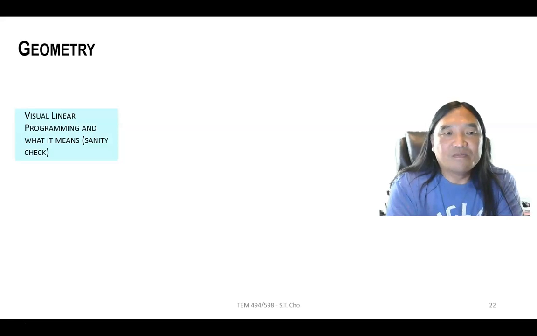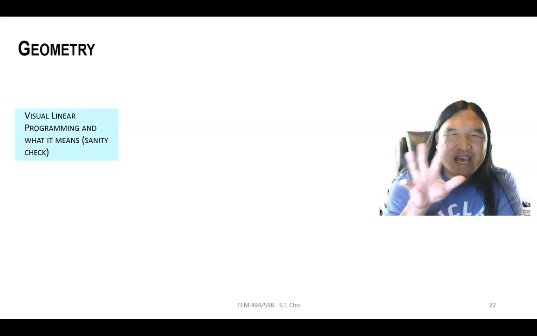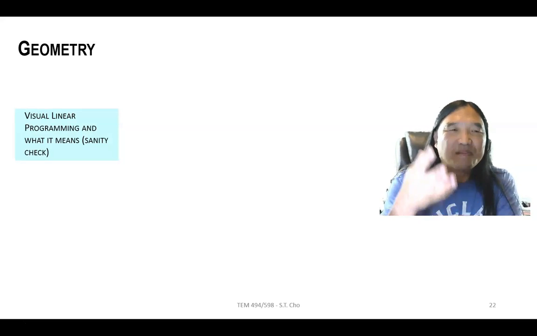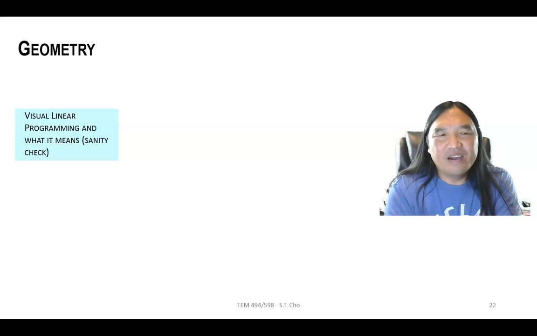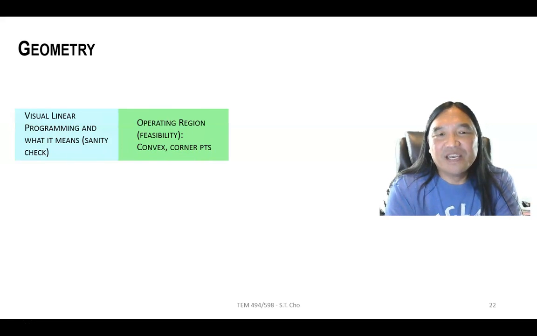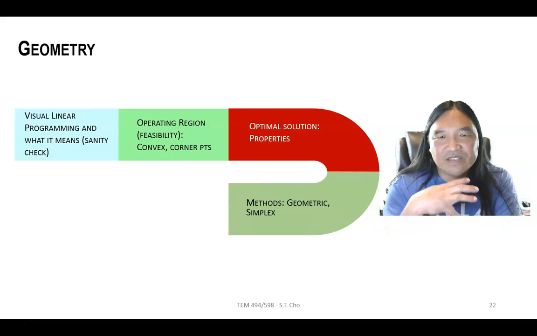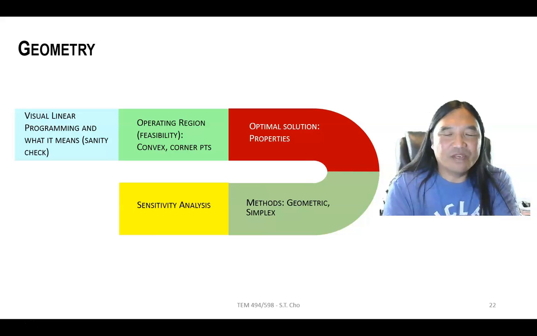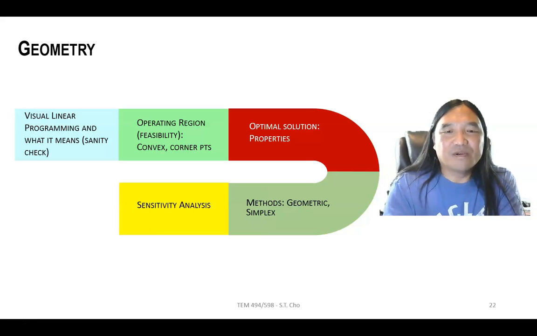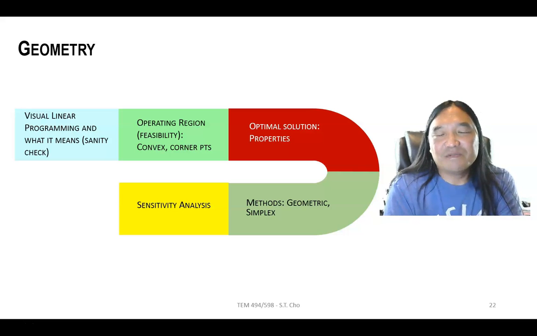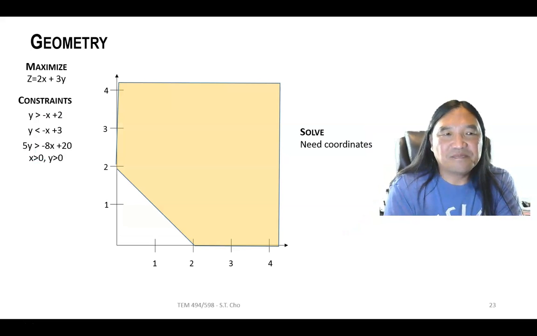In terms of how these algorithms actually work to get optimization, you could do it by geometry, actually. And geometry shows you the operating regions, the optimal solutions. We'll go through this. The methods for doing this are called the geometric method and the simplex method. And that also gives you the sensitivity analysis.